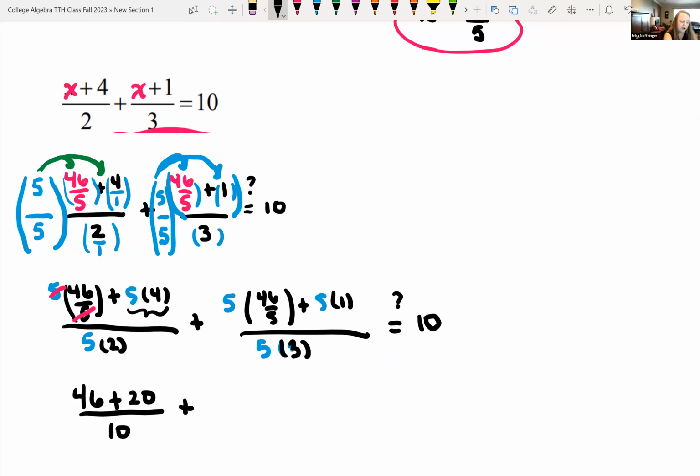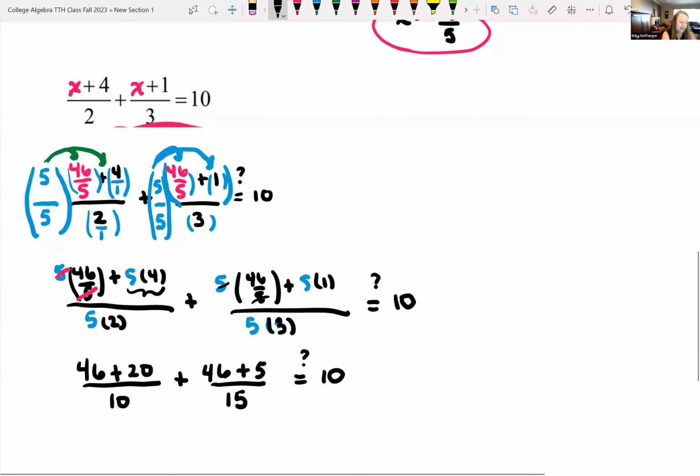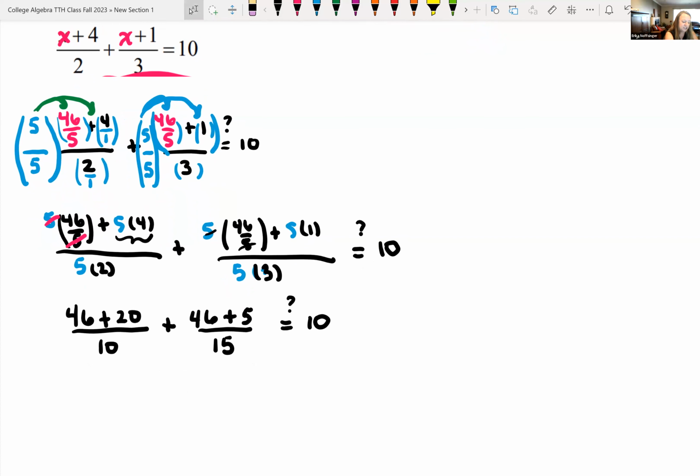Plus, over here in our second fraction, the 5 cancels for that first term in the numerator, and we're left with 46 plus 5 all over 15. Does that equal 10? Order of operations, we'll simplify our numerator first before we divide. So we have 46 plus 20, and that gives me 66 all over 10. Plus 46 plus 5 is 51 all over 15. Is this equal to 10?